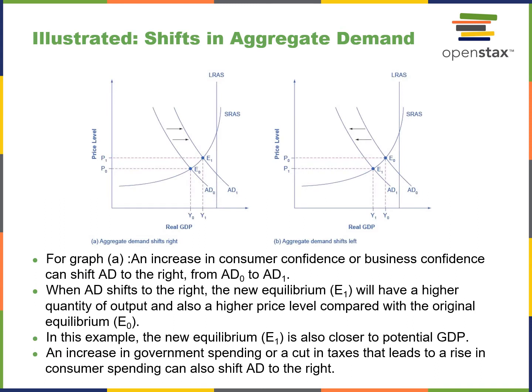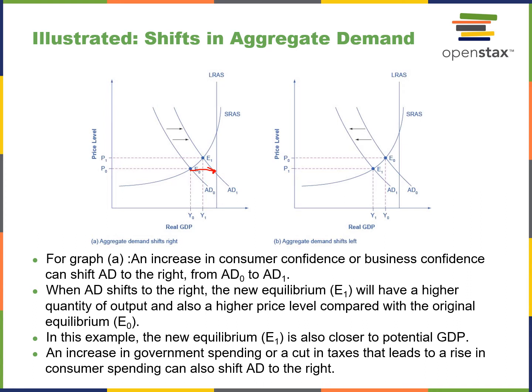When taking a look at shifts in aggregate demand, we could take a look at graph A, and the increase in consumer confidence or business confidence can shift the aggregate demand curve to the right from AD0 to AD1, so it would actually shift from here to there, and there would be a new equilibrium where this is the original.